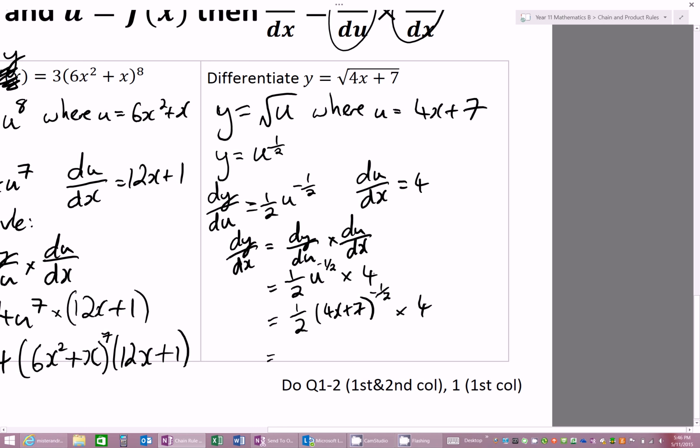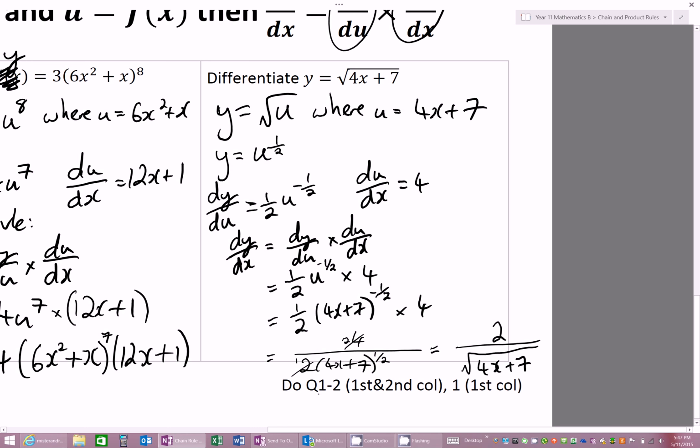Okay, this negative a half, never want negative indices in my answers, so this is going to have to go on the bottom of the fraction line. 4x plus 7 to the power of positive a half, and also on the bottom of my fraction line is 2, on the top of my fraction line is 4. I can cancel these two, and I'll be left over with a 2 on the top, and instead of this half notation, I want it like I was given in the answer, the square root notation, 4x plus 7.